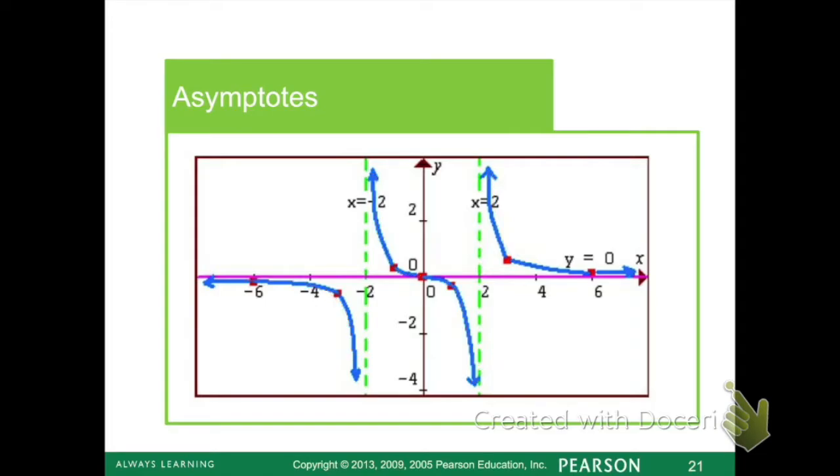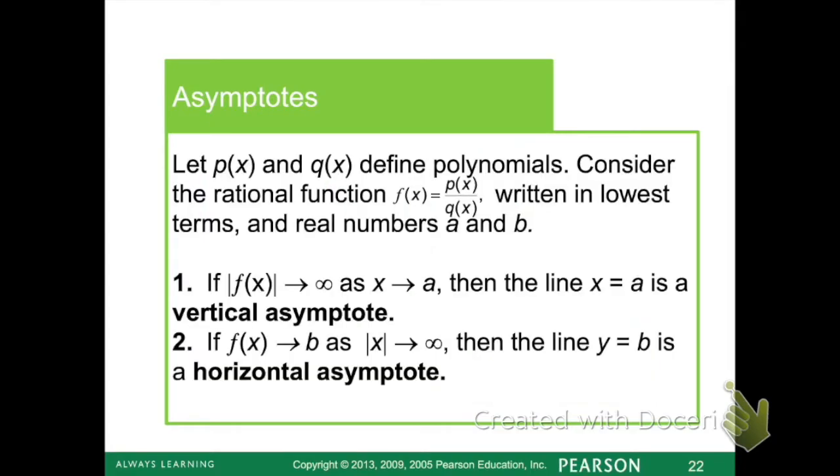Now we will find out later that we could cross over an asymptote somewhere around this part of our graph. But the main thing is that when we have our arrows, it's those parts that get really close to the asymptote but never quite touch them. More formally, we define asymptotes like this.